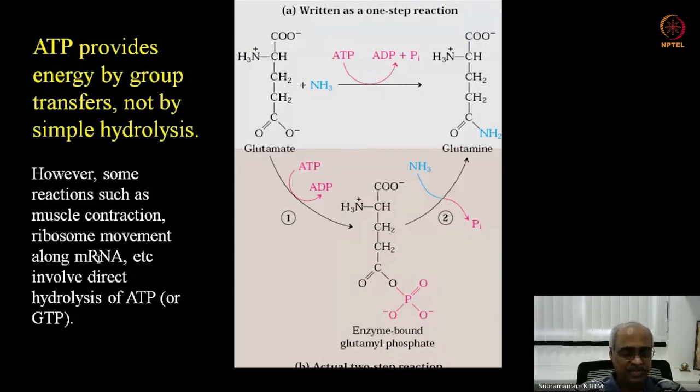The ribosome example I kept telling, there it is not ATP. These are exceptions where instead of ATP it is GTP, and GTP, for similar reasons as what we saw in the ATP structure, is a high energy compound. So this is an important point I want you to remember: ATP provides energy by group transfer and not by simple hydrolysis.